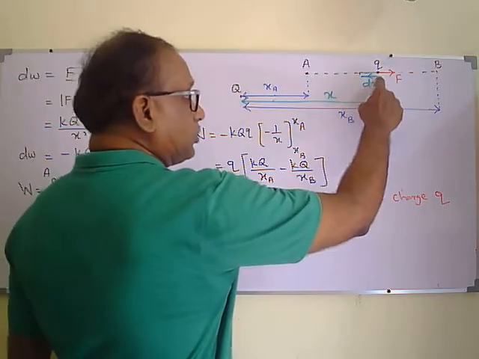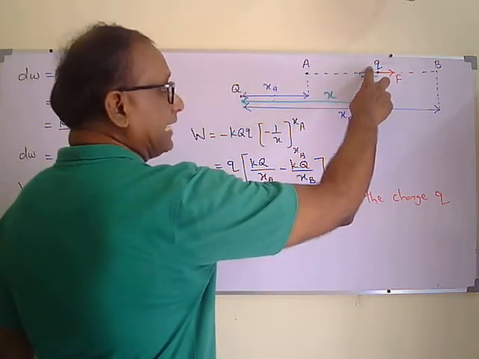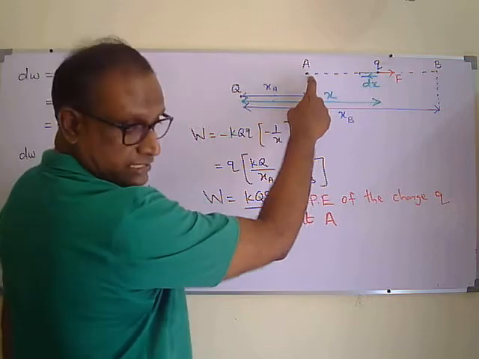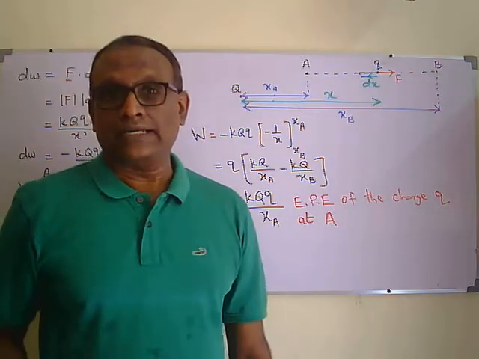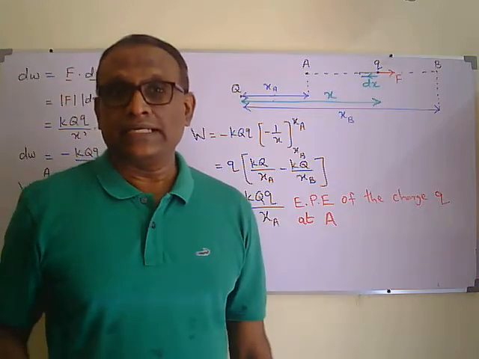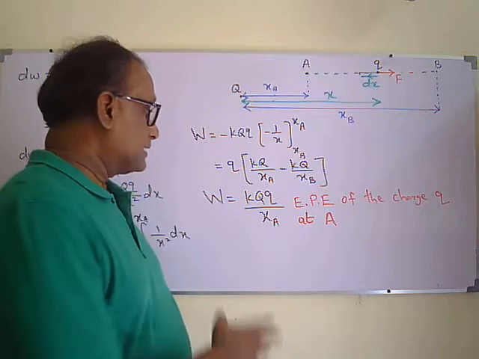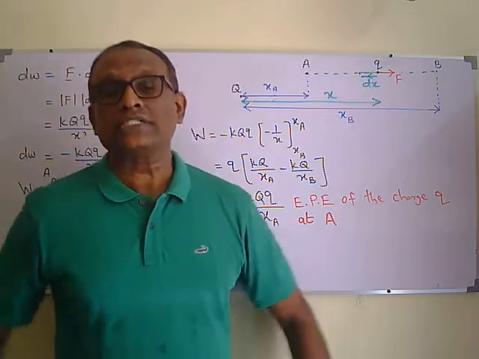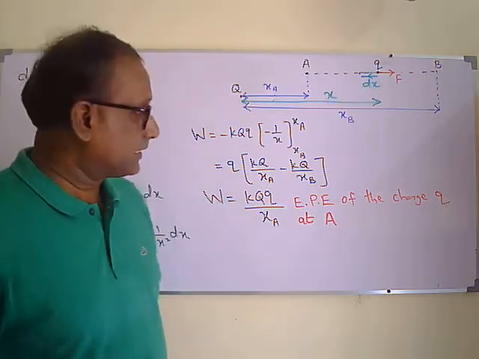So if the charge Q moves from infinite distance to point A, and if it is a negative charge, its electrical potential energy when it reaches the point A will become a negative quantity. Its electrical potential energy is negative, means it's gaining kinetic energy and losing electrical potential energy. That's the meaning of it.